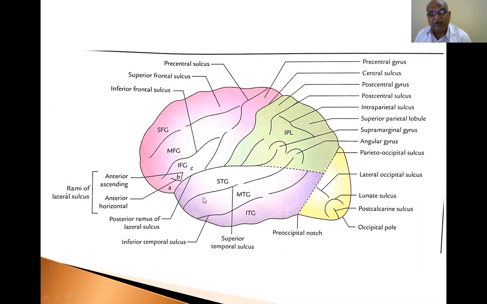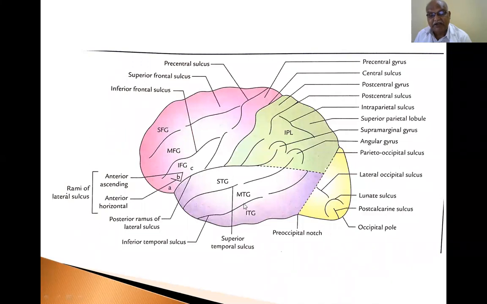Now the temporal lobe is divided by superior temporal sulcus and inferior temporal sulcus. So this is the superior temporal gyrus, the area immediately above the superior temporal sulcus. Between the superior temporal sulcus and the inferior temporal sulcus is the middle temporal gyrus.